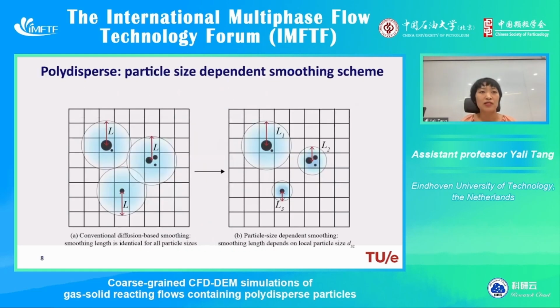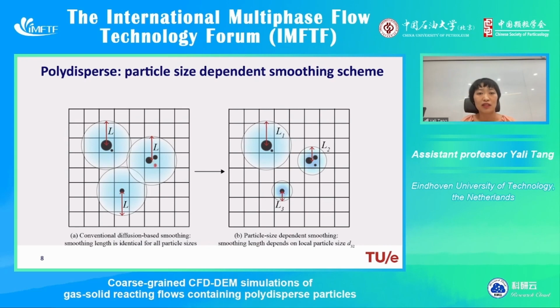The problem arises when we encounter polydisperse particles. With the conventional diffusion-based smoothing scheme, which I just talked about, a constant length scale is used to determine the diffusivity. This results in an identical smoothing area for each particle. That means no matter the particle size, the influence area of the particle is the same.